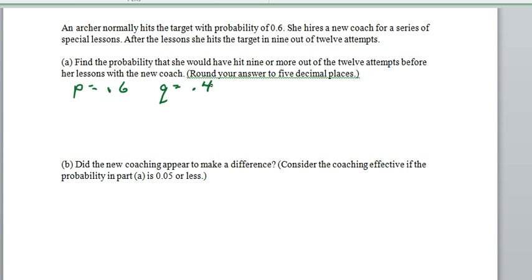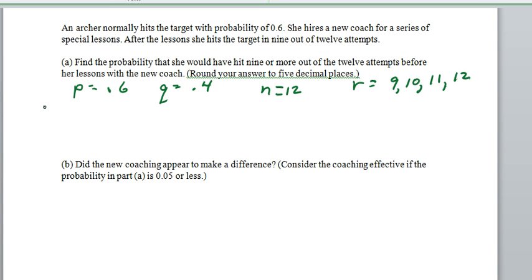This time we're talking about 12 trials, so n equals 12, and our R's here are that she would hit 9 or more out of 12. So the R's are 9, 10, 11, and 12.